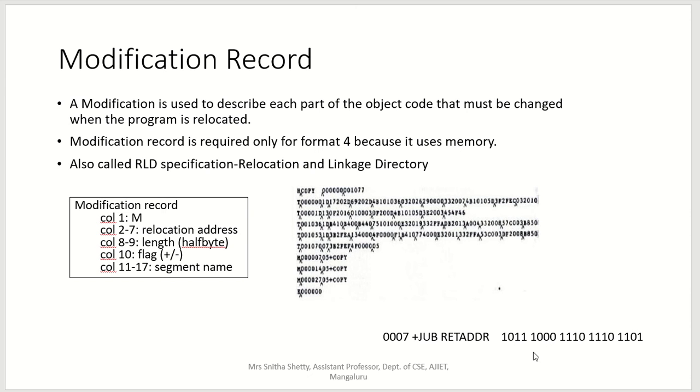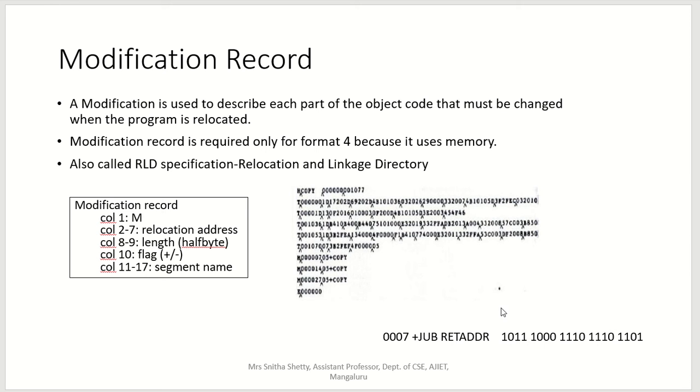Now I'll categorize this in 4-bit groups. 1 byte means 8 bits, so 4 bits means a half byte. How many half bytes are there? 1, 2, 3, 4 and 5. So we should write this in columns 8 and 9 in half bytes. This is the last 20-bit address field of format 4.